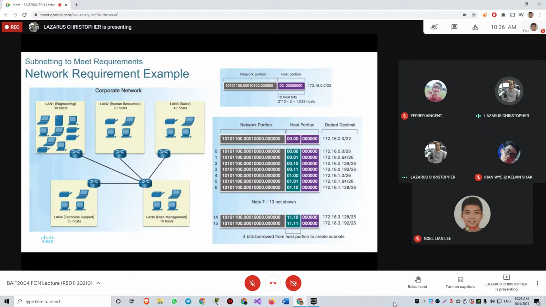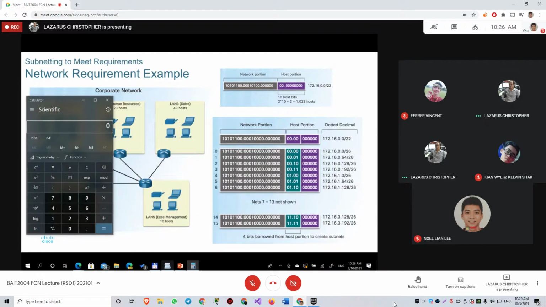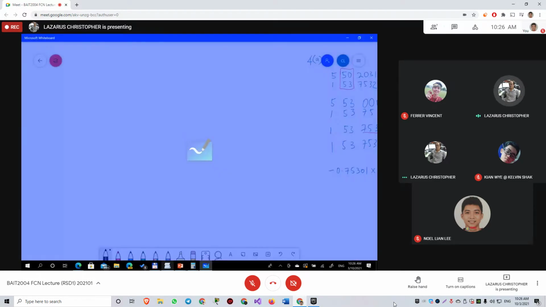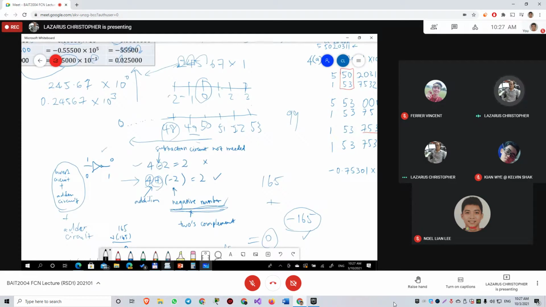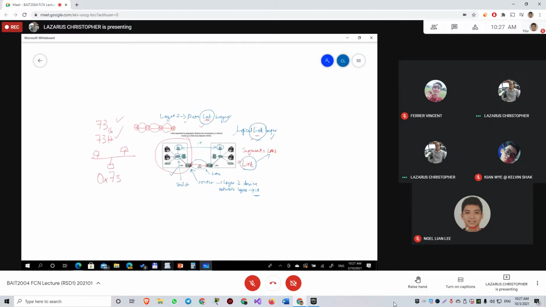Remember, once you subnet, those subnets that you have already subnetted and allocated, you cannot use anymore. Let me just explain.